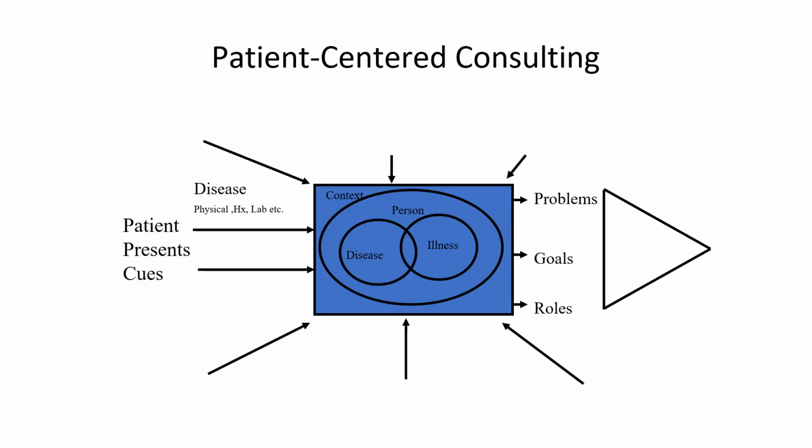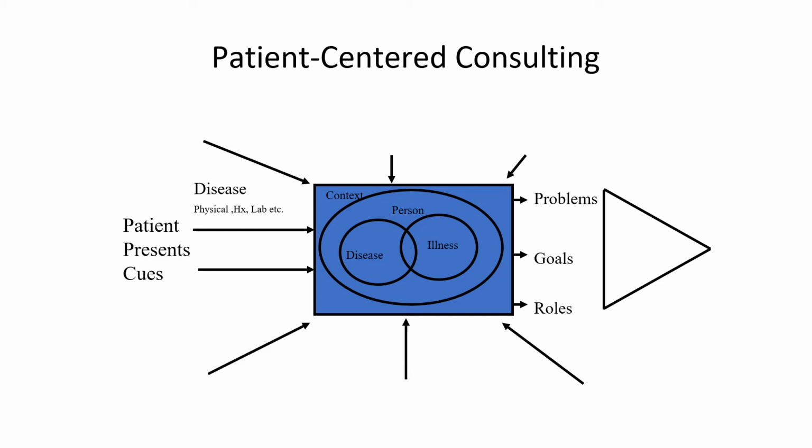But the biomedical model is something that could be enhanced and improved by using this aspect, which brings us to patient-centeredness or patient-centered consulting. So what's this thing called patient-centered consulting?